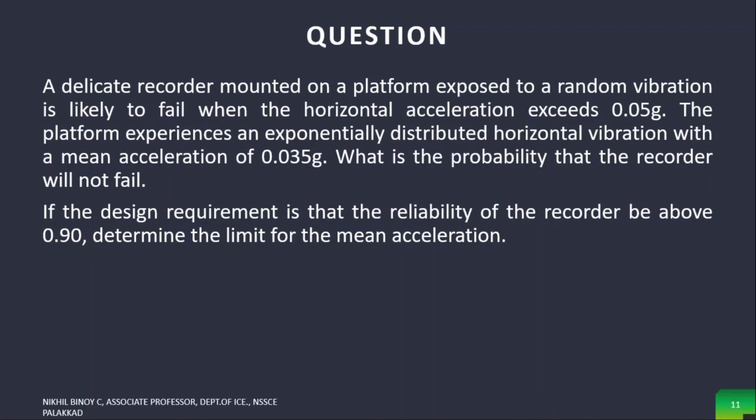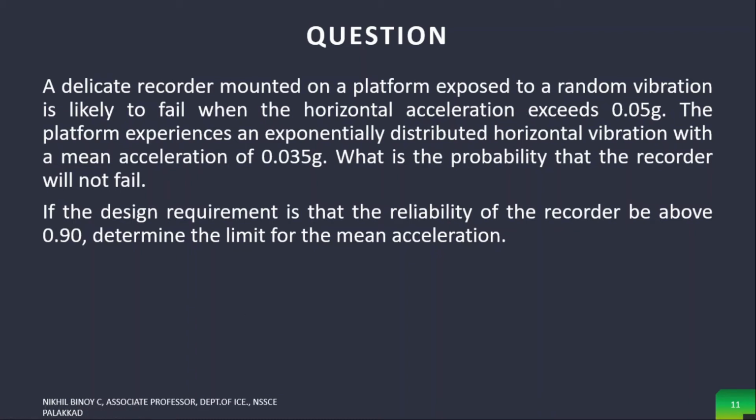If we want 0.9 reliability corresponding to 0.05 g, what is the required mean acceleration? In the first part, the mean acceleration is given, and they are asking what is the reliability corresponding to 0.05 g. In the second part, the required reliability is given, and they are asking what is the required mean acceleration to get this reliability. So first note down this question.